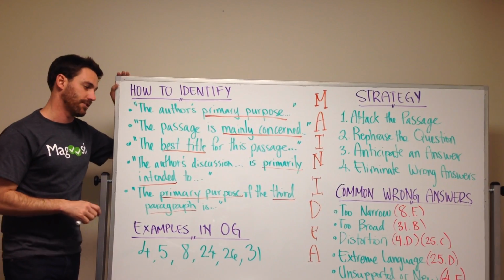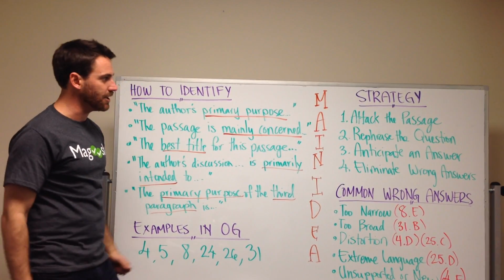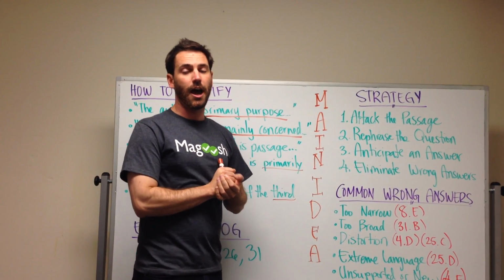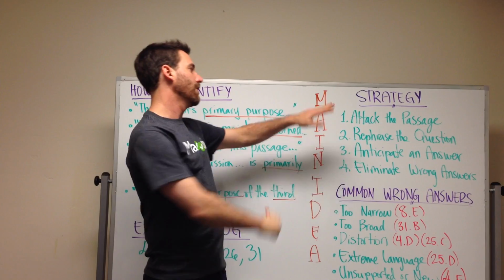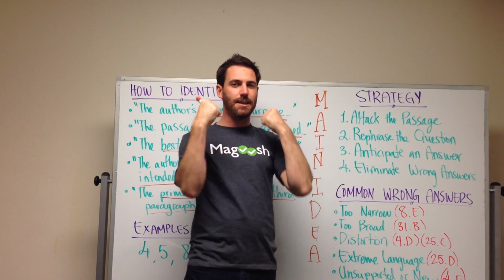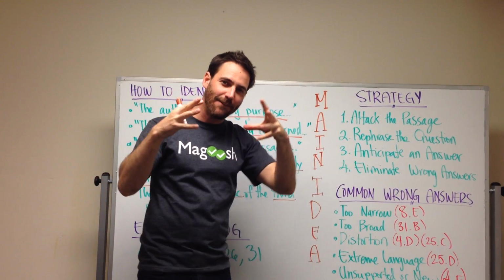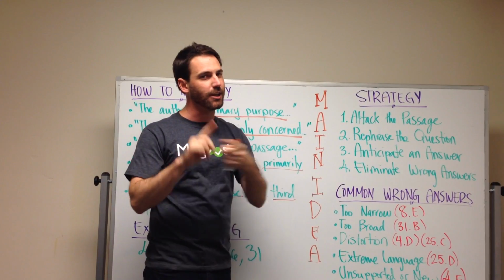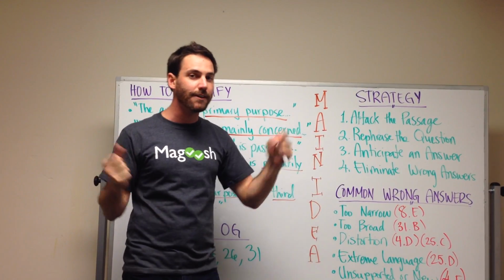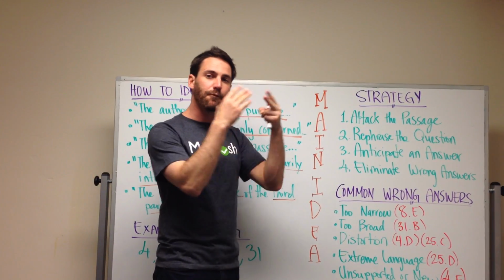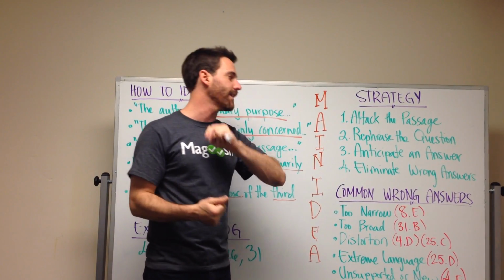So your strategy for main idea questions is fairly similar to some of your other question types in reading comprehension. The first thing you're going to do is attack the passage. And that doesn't mean get in a fight. It means dive in, aggressively read through the passage. Make sure you're looking for the main idea every time you read a passage. Look for the structure and flow from one paragraph to the next.